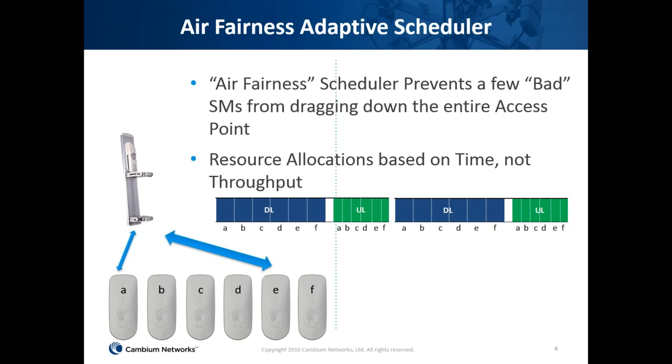In other systems and also in traditional Wi-Fi, when it comes to scheduling the individual subscribers to transmit and receive data, it's primarily based on throughput. If a subscriber has, say, a megabit of data to send, let's say those subscribers in the bottom left, A, B, C, D, E, and F, have 1 megabit of data to send each.